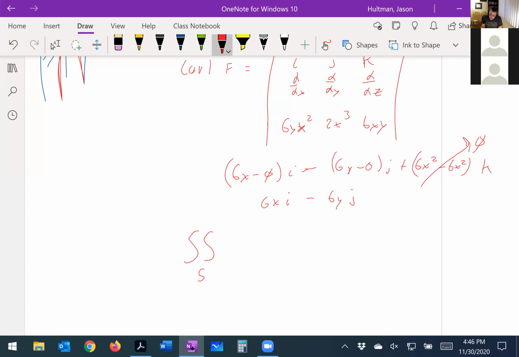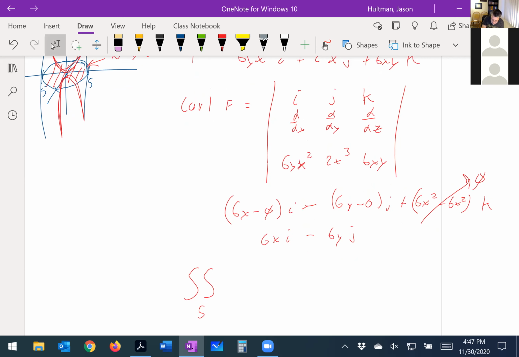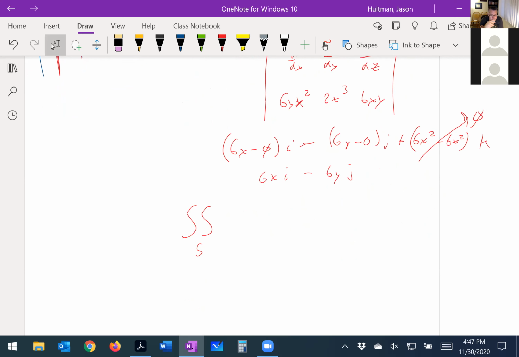The projection of S onto the xy plane is the disk x squared plus y squared less than or equal to 25. So we have this disk here, and that's over that S surface there.